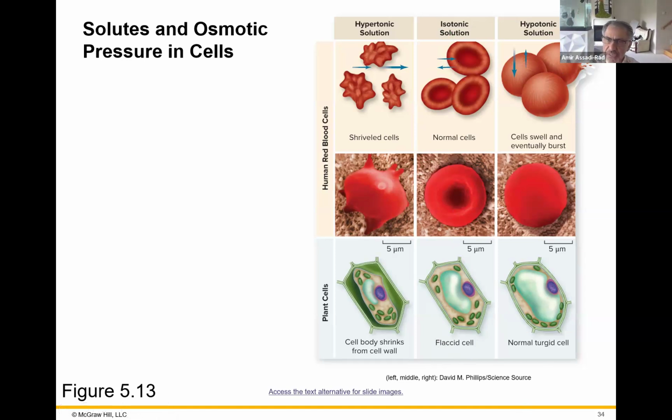They are normal turgid cells. They stay normal. That's what happens. The story in plants is a little bit different, and I'm not too concerned. I guess when you take botany, they will talk about it a little bit more, but I would like you to know these three things. Shriveled, normal, and cell will swell.